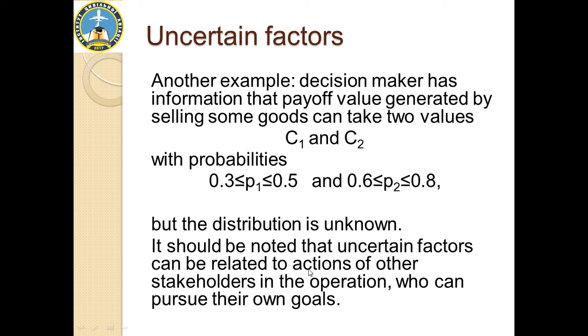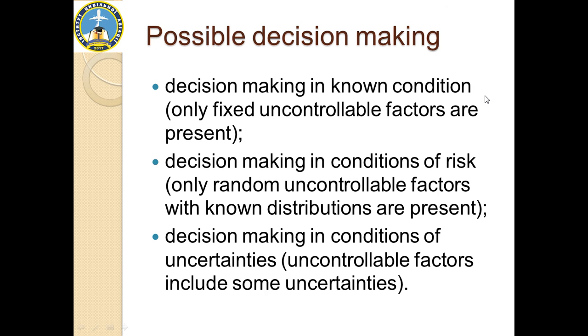So there are different kinds of games, but here we consider only games against nature, and I'll explain the difference in a bit. So how do we actually make decisions? The first option is decision making in known conditions, where only fixed uncontrollable factors are present.